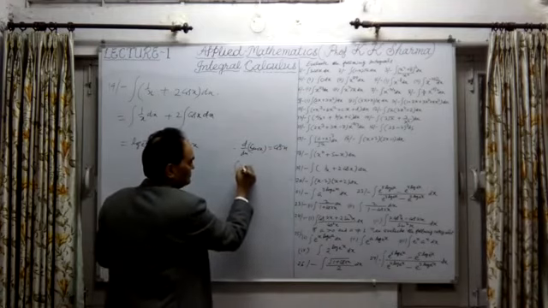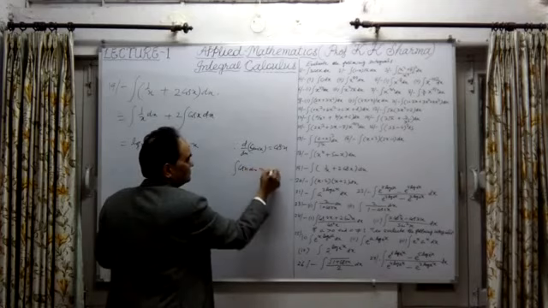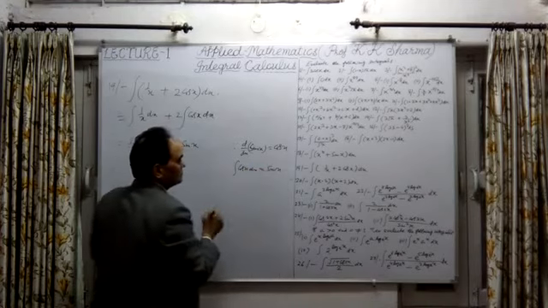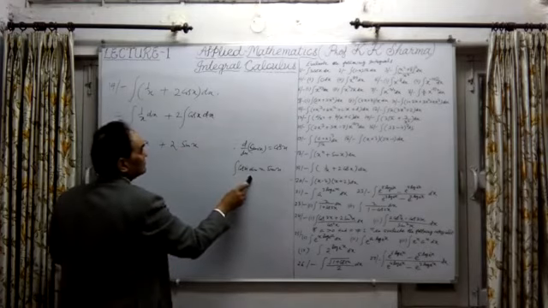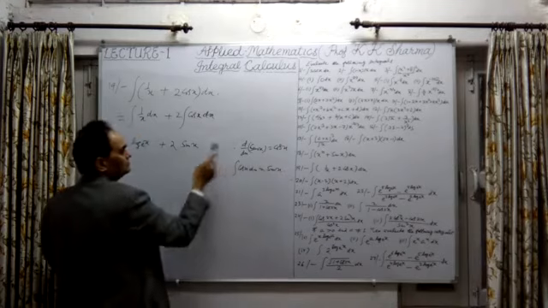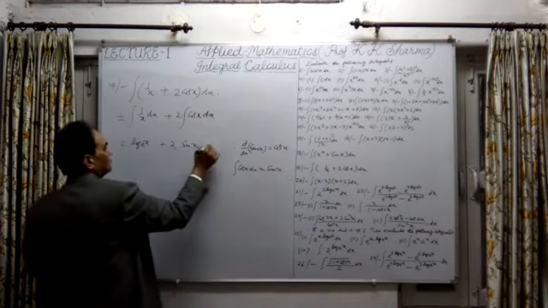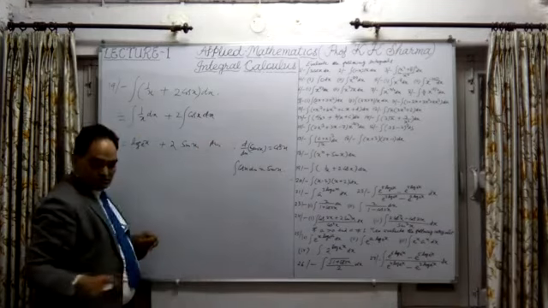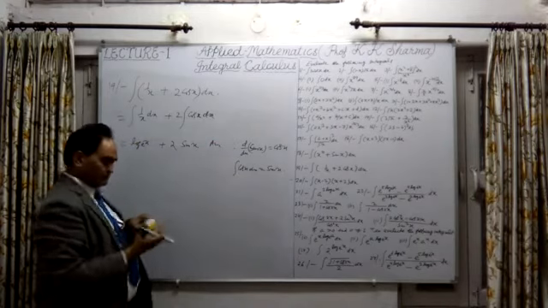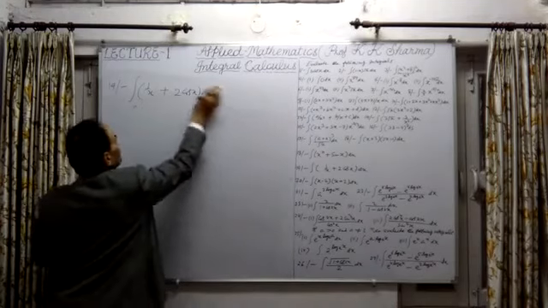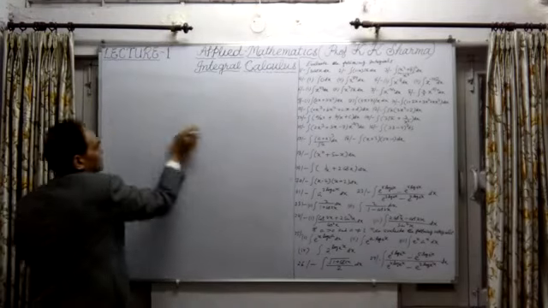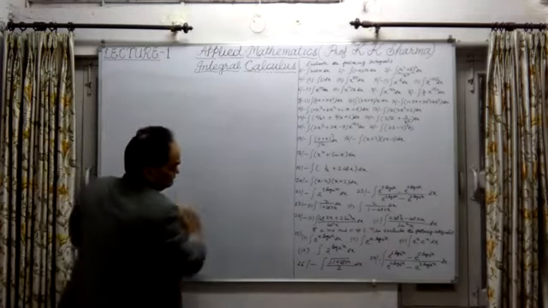Therefore, the integration of cos x into dx is equal to sin x, positive. So the integration of cos x is sin x, positively. This is the answer. The 19th question is solved. Okay, so question number 19 we have solved here. Now let me talk about the 20th question.